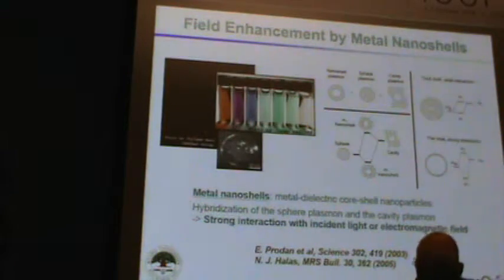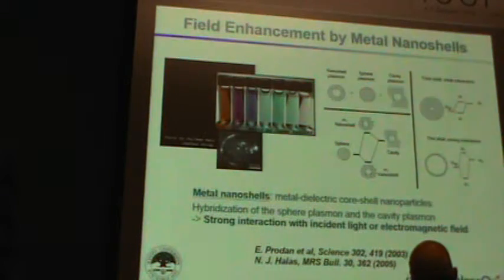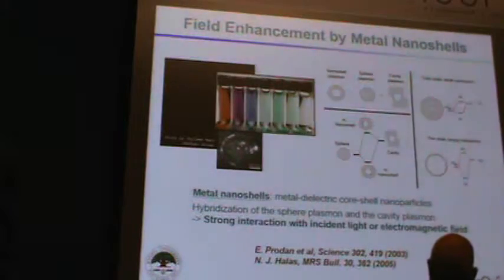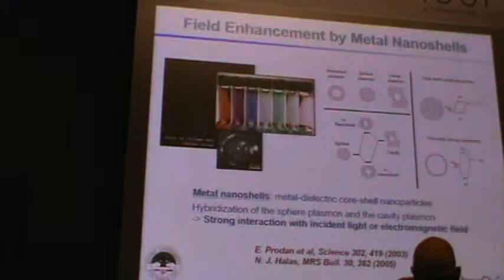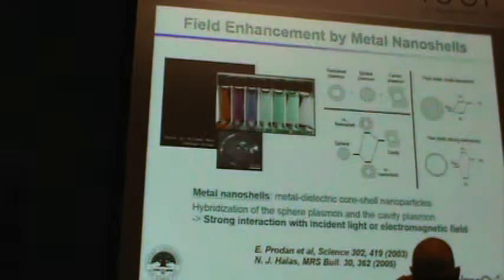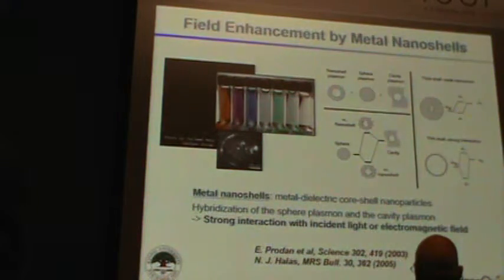And so far I have talked about simple spherical metallic nanoparticles, but let me switch my gear a little bit and talk about metal nanoshells. Nanoshells consist of a metallic shell with a dielectric core, so like core-shell type nanoparticles.